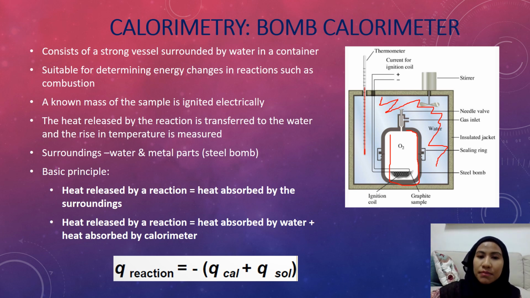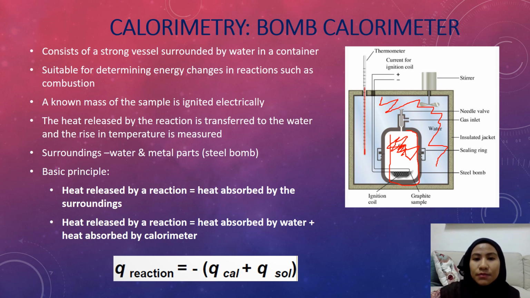This is conducted by placing a known mass of a compound in a steel container which is filled with oxygen. The closed bomb is immersed in a known amount of water, and then a known mass of sample placed in a sample container is ignited electrically with the ignition coil.